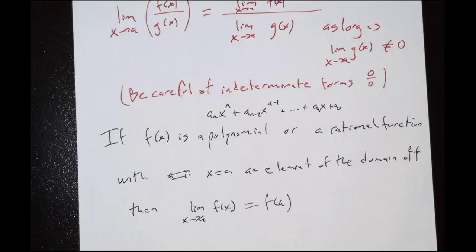I'm writing them in descending order of power, so the highest power is on the left, and I work my way down from left to right. So x squared plus 2x minus 7 is a polynomial whose highest power is 2. x cubed minus 13x plus 4 has highest power 3. Multiplying, adding, subtracting, whole number powers for x. That's a polynomial.